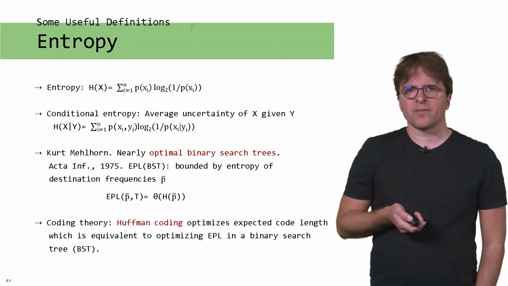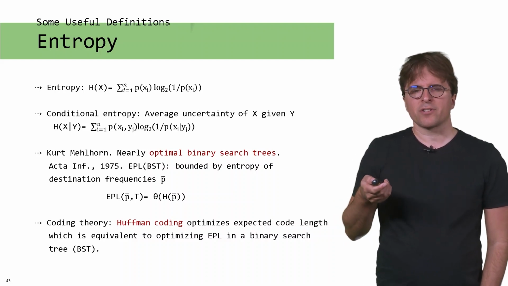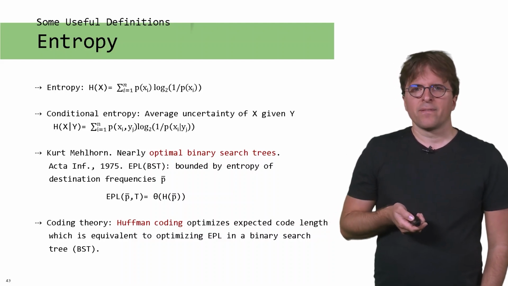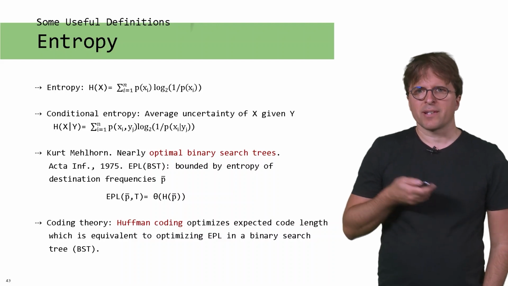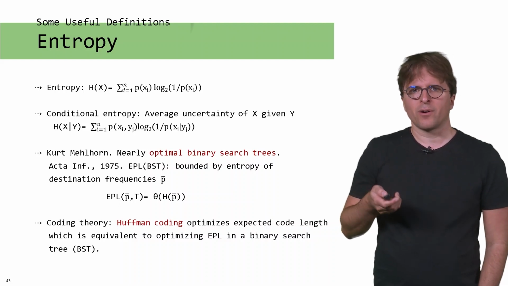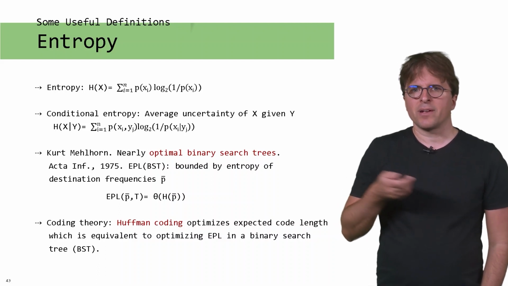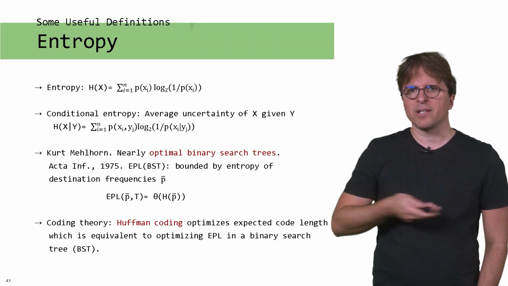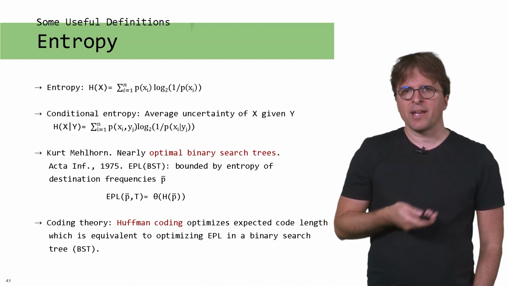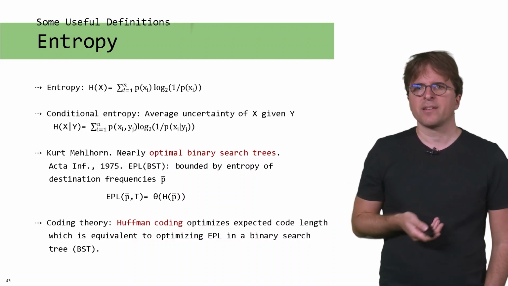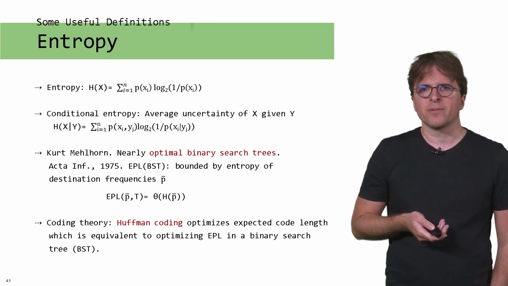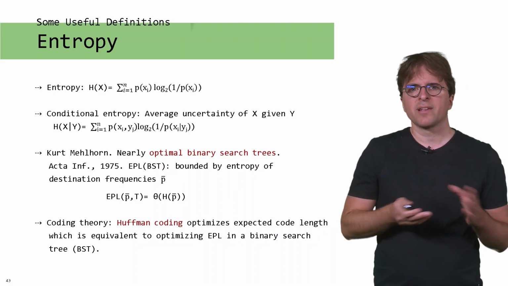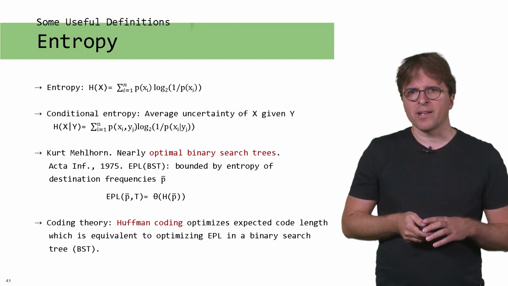In the context of coding, as opposed to data structures, there is something called Huffman coding that optimizes the expected code length of a certain probability distribution, so that you need the minimal amount of bits to communicate a certain text between two nodes. So there's a tight relationship between these optimized binary search trees and this coding.